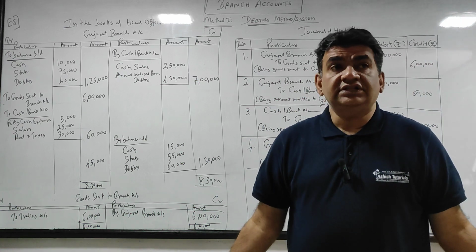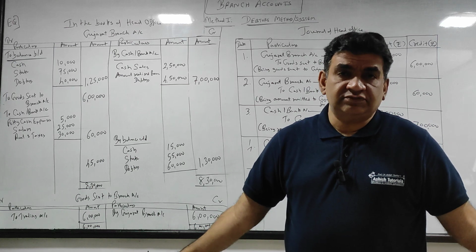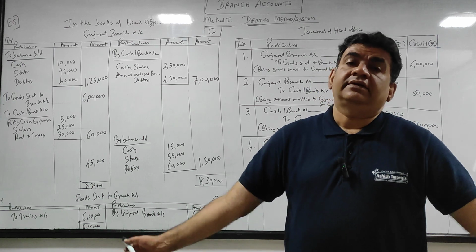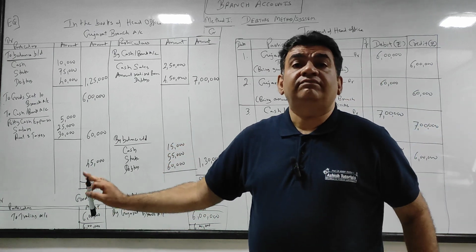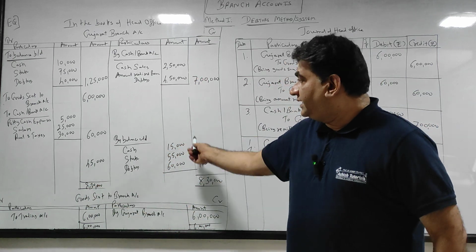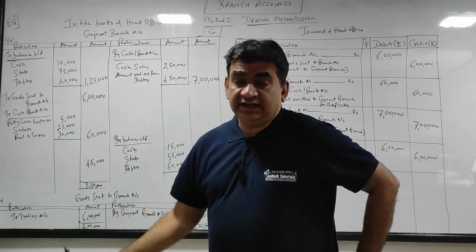Now guys, what is the purpose of head office to open branches? So that business grows in the branch, our business grows, business will grow, profit will grow. So this is nothing but profit. Credit side is more, income side is more, so this is profit.